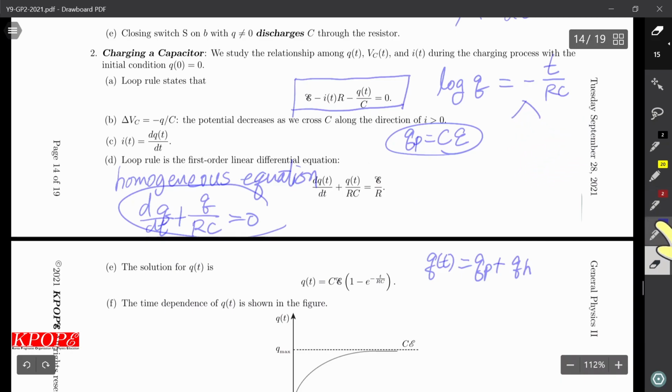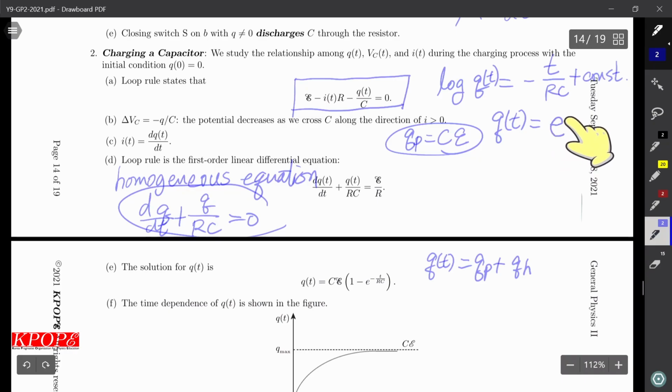plus some constant. So Q of t is exponential of that plus constant.